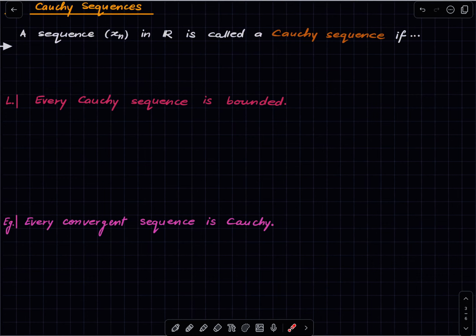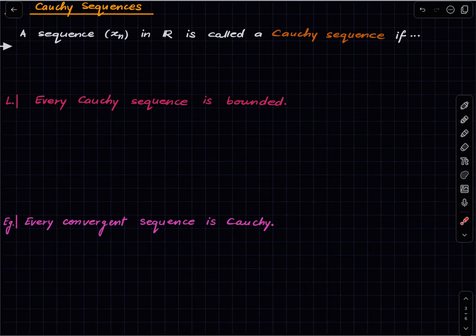And now let us get started. So we will define first what is a Cauchy sequence.